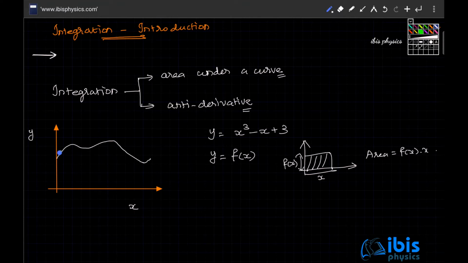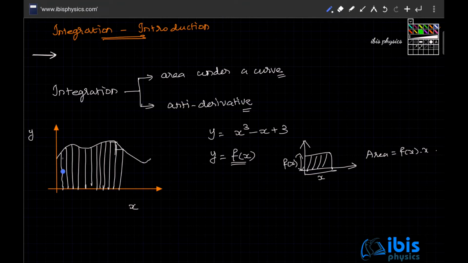But here the height of the curve keeps on changing according to the function f of x. Then in order to find the area, it is better to divide this entire area into tiny rectangles. Here these rectangles do not look very tiny, because when you make this a rectangle, there is a gap.